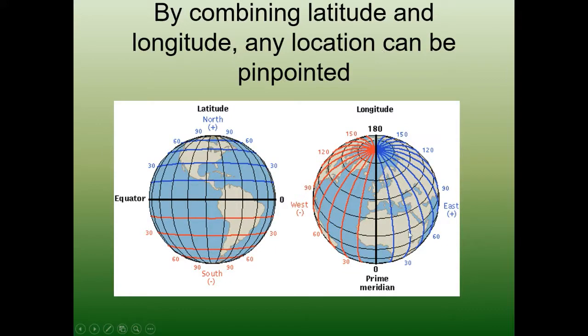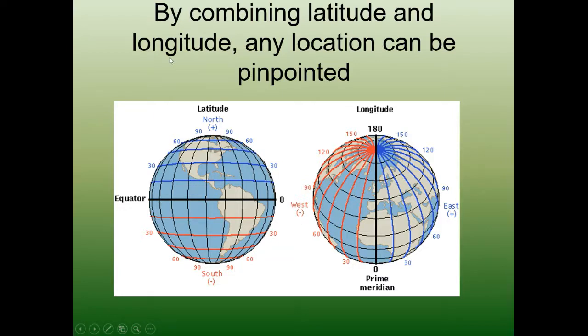What latitude and longitude look like, remember these lines are imaginary, don't go looking for them. So here you've got latitude, and the lines of latitude always run east to west or west to east. It doesn't matter, but they run in this direction, left to right. You start out with the equator at 0, and then you move above the equator or below the equator.